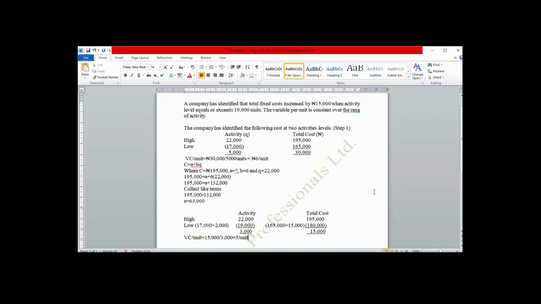But there is no way we can maintain that level. Now, let's assume that nothing has happened to the quantity. We still maintain the same thing. Can we still maintain the same level of variable cost per unit?